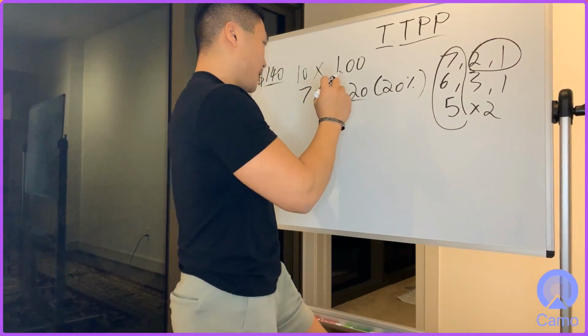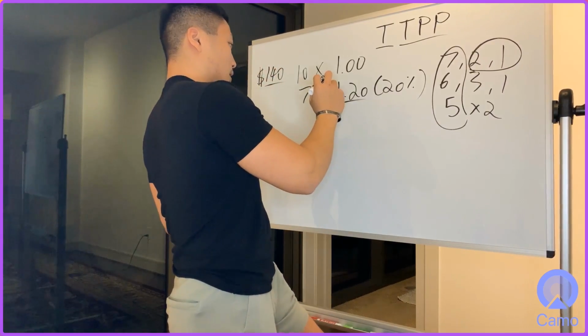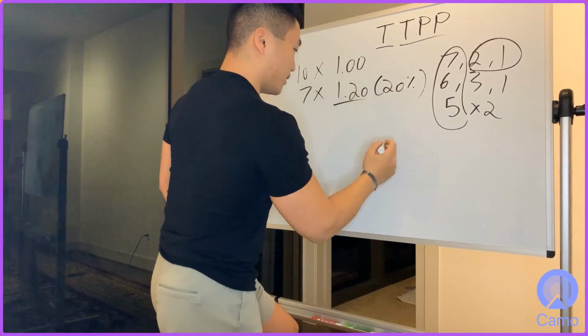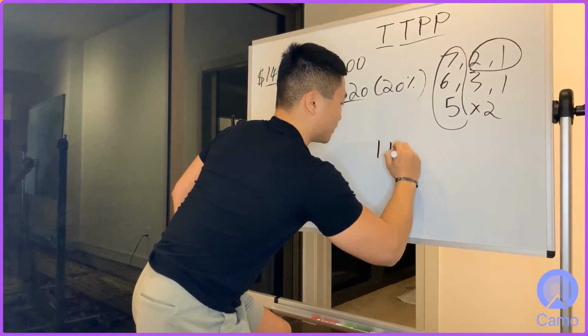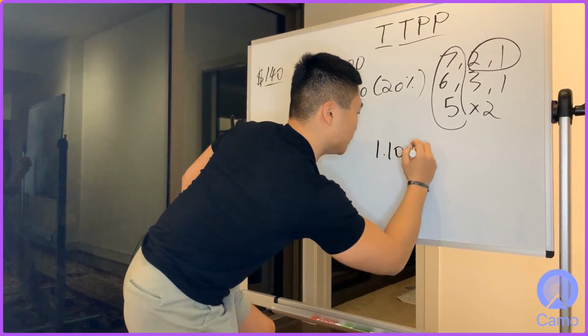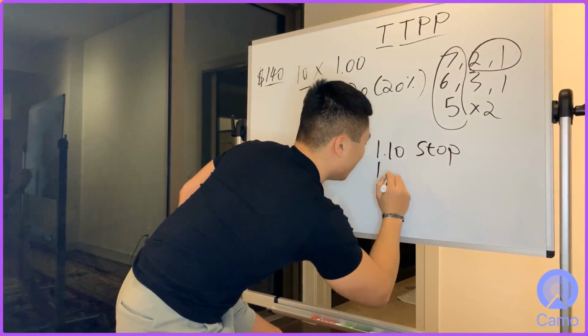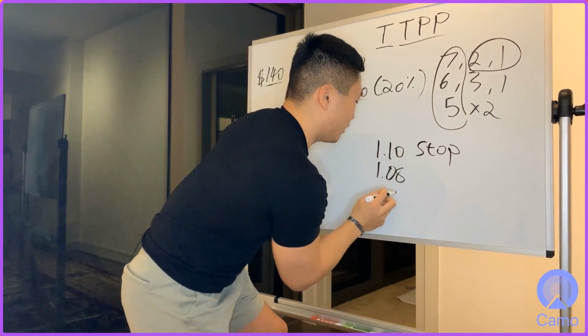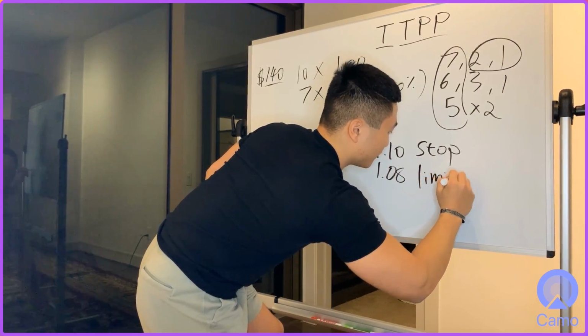Okay, so for the rest 3 contracts, you put a stop order at say 10%, right? 10% stop, and then $108 for the limit price.